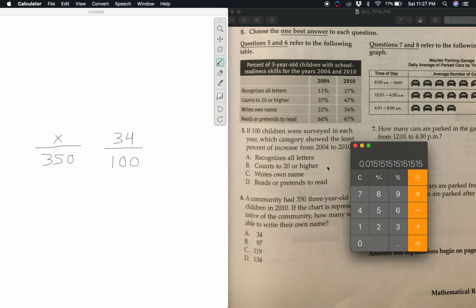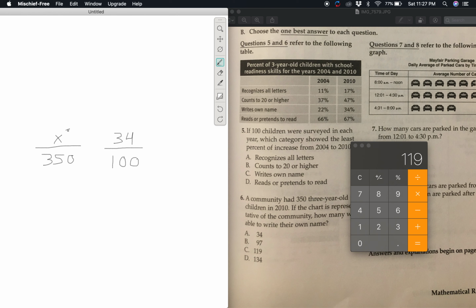So 34 times 350, then we divide by 100, which equals 119.